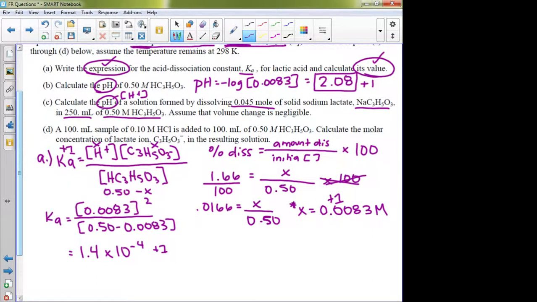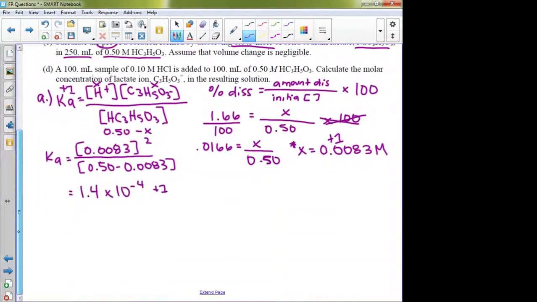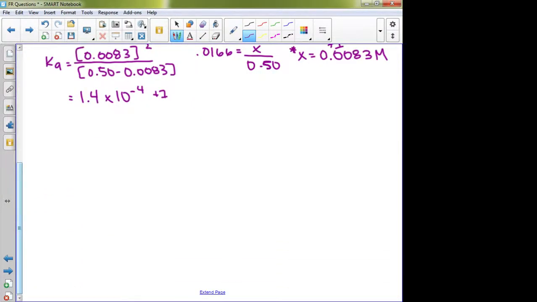Assume the volume change is negligible. So what does that mean? It means that when I added in the solid sodium lactate to the 250 milliliters, we're assuming that the volume didn't change. Okay, we're just assuming that the volume didn't change. So this time, let's write out our equation and set it up as a rice table.